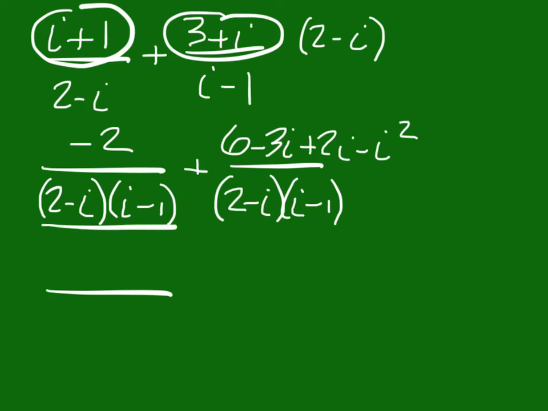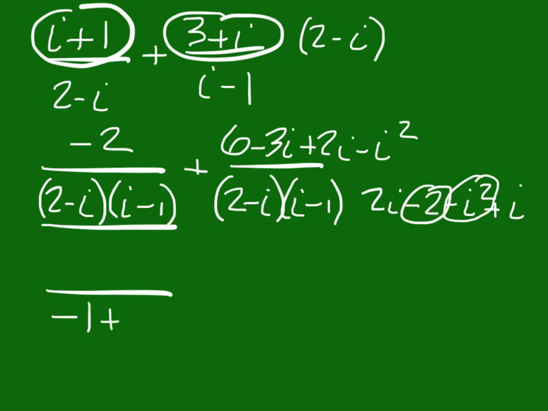So let's multiply one of these out and come up with 2i minus 2 minus i squared plus i. So minus i squared is plus 1, with the minus 2 is going to be negative 1. And the 2i plus i is going to be 3i.